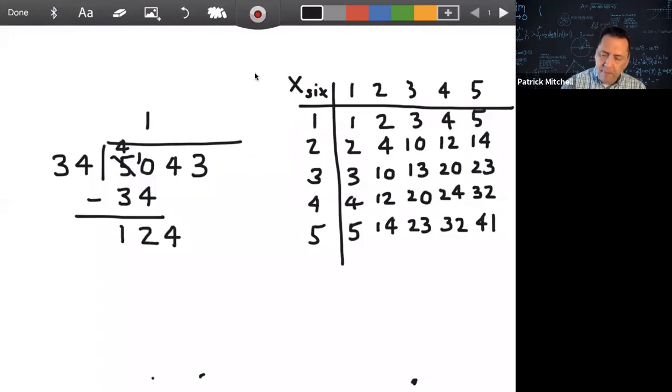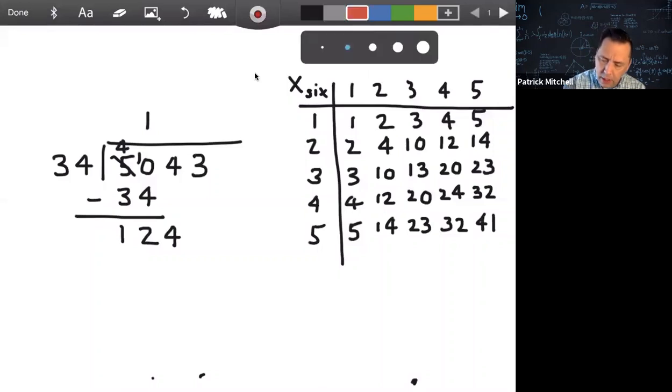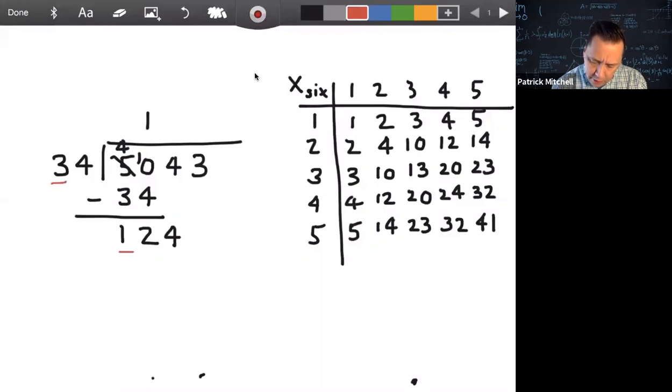Well, if you think about what you do in base 10 in a situation like this, at least what I do is, if I don't want to think about how many times does 34 go into 124, you can get a rough estimate by looking at how many times does 3 go into 1, 2.